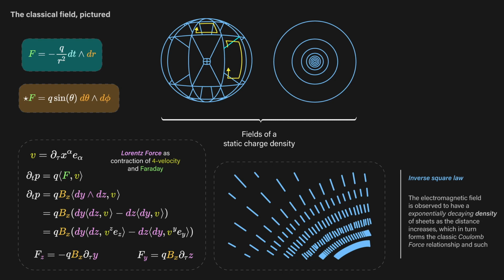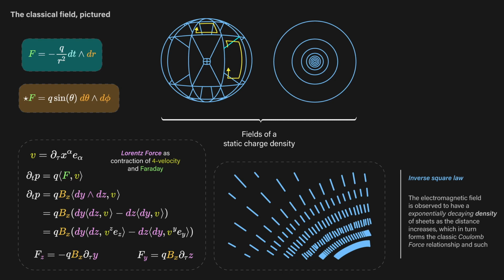You can write down the Faraday structure in terms of a single electric charge in the middle, and by writing it down in a spherical coordinate system, you get that the Faraday field is equal to minus the charge over the radius squared times the spatial-temporal sheets, and the Hodge dual is the purely spatial section of the electromagnetic field, so we end up with q sine theta times elements of d theta d phi, which are completely angular components centered around the sphere.